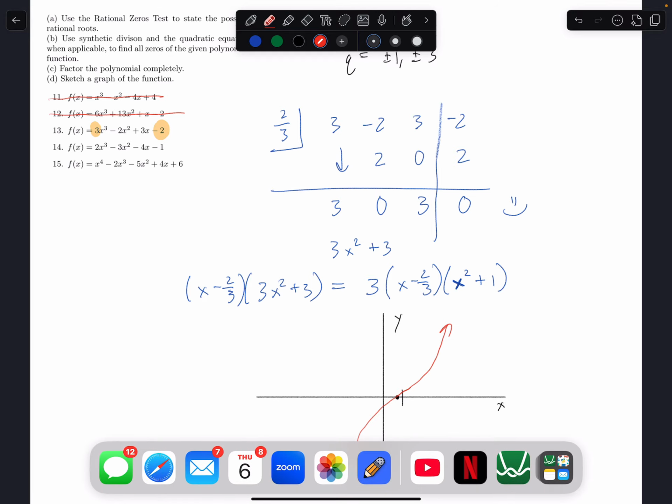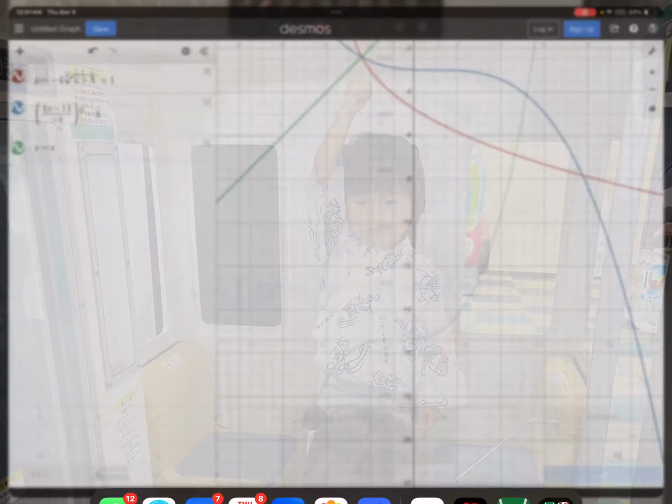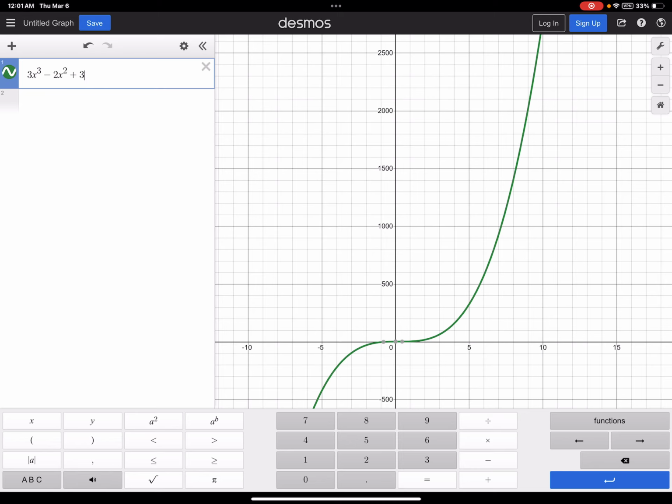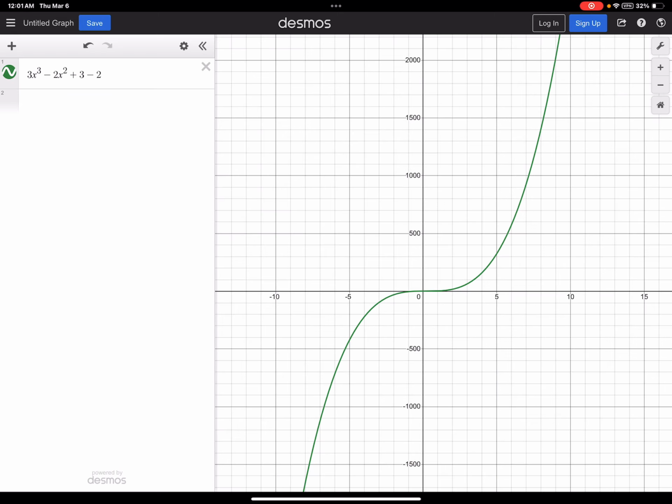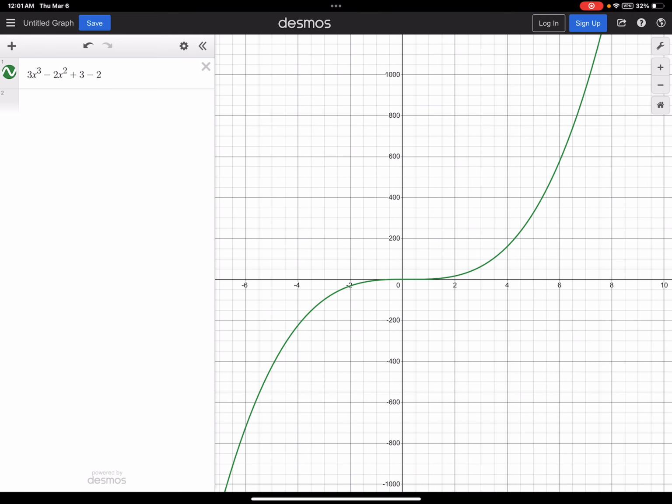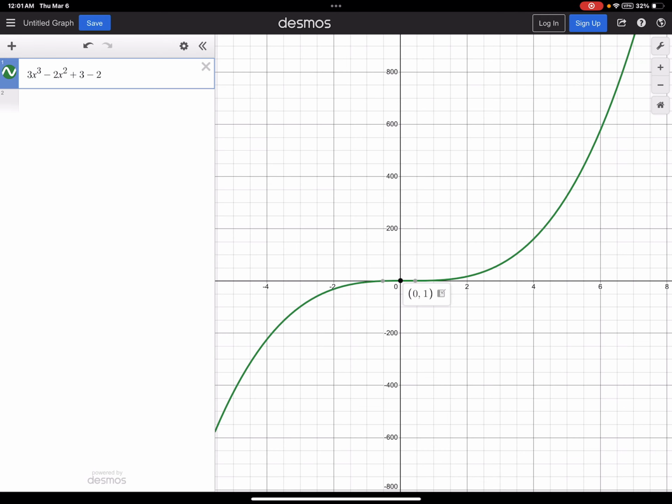Plus 3x minus 2. Okay. Yeah, so I got the general shape right. It's kind of similar to the normal cube function, yeah.